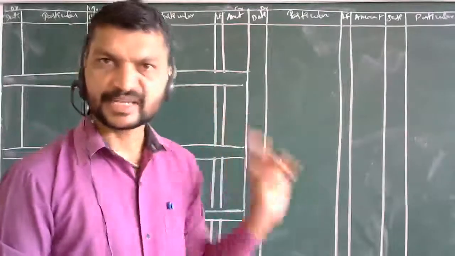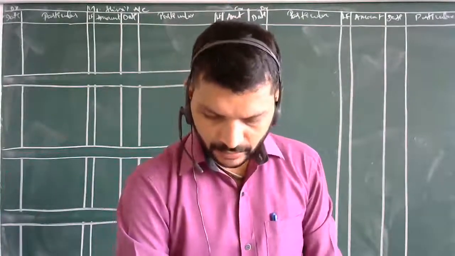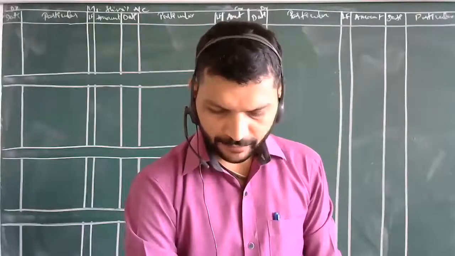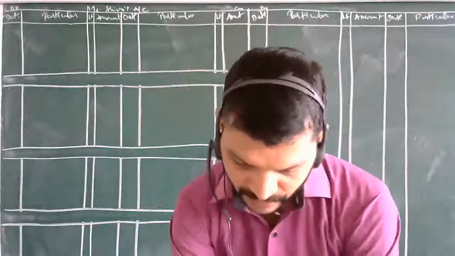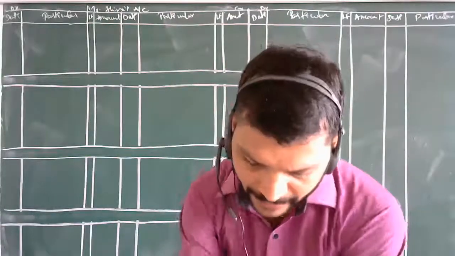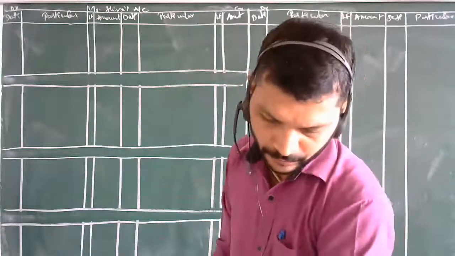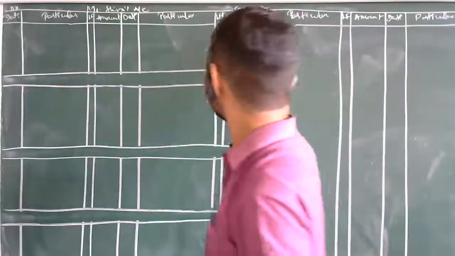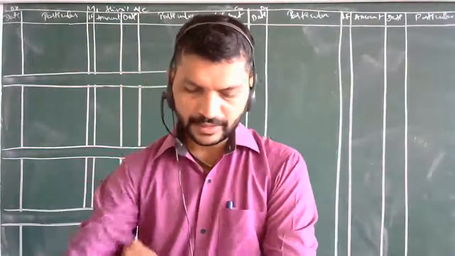Debit side means receipt side. It conveys that cash has been received from Shiva. Therefore, in the ledger account, Mr. Shiva's account will be credited by writing by cash account. So here, by cash, we are going to make the entry. This side, the credit side, we are going to take the entry in the particular column of the credit side.